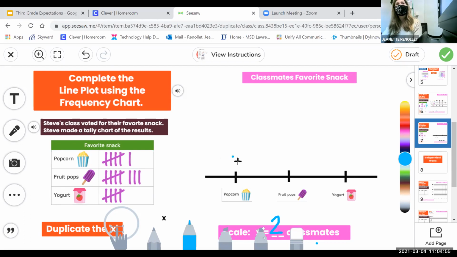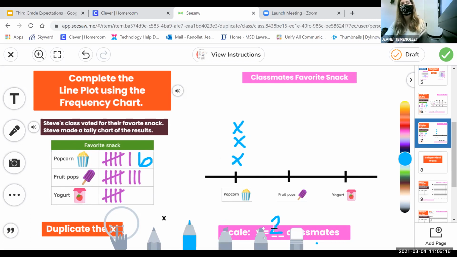So for popcorn, if each X equals 2, you should have 3 X's. 2, 4, 6. Your data on the graph should match your data in your frequency table or your frequency chart.